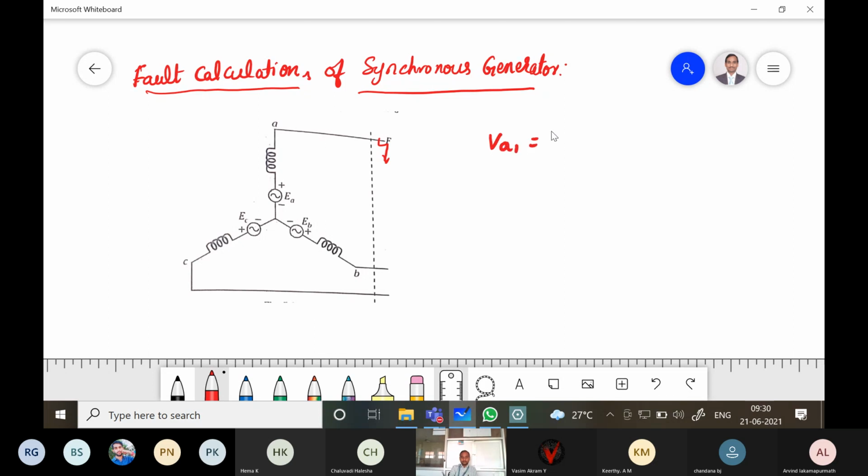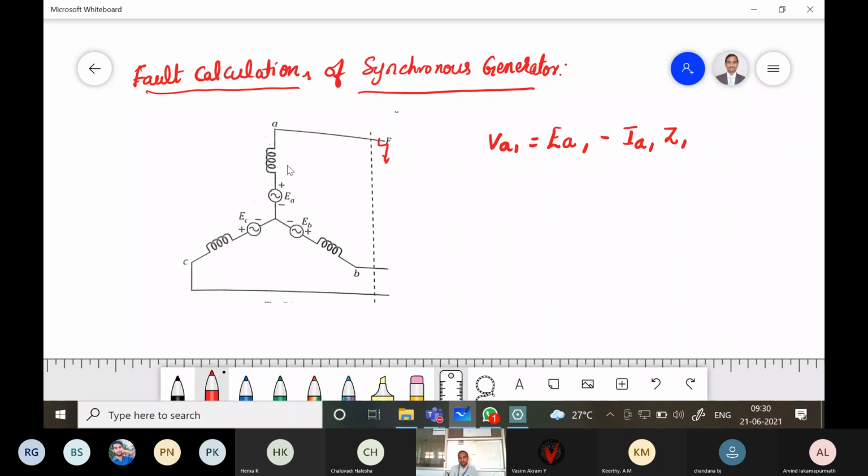is equal to EA, so that is EA1, instead of EA I will write EA1, minus IA1 into Z1. So EA1 minus IA1 into Z1. IA1 is flowing in the circuit, Z1 is the impedance. So we need to write the equivalent circuit for this.